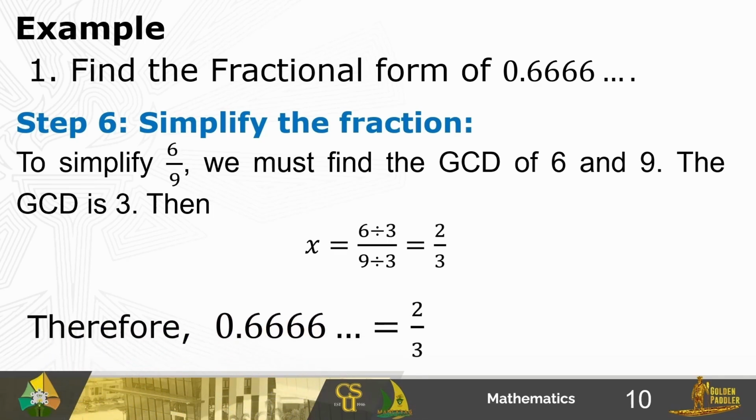Therefore, the fractional form of 0.6666 and so on is equal to 2 over 3. That's how we convert a repeating decimal into a fractional form.